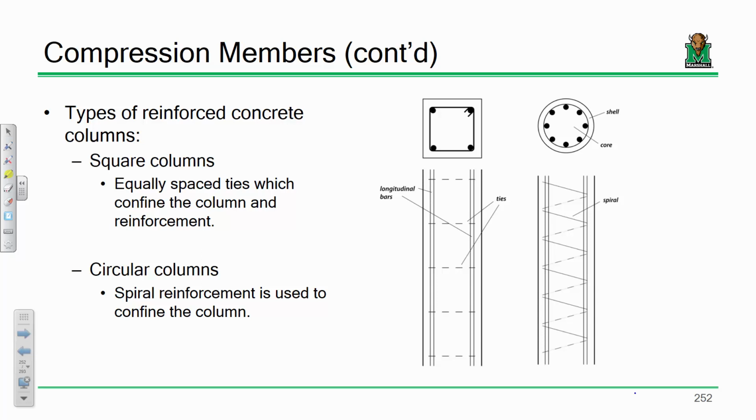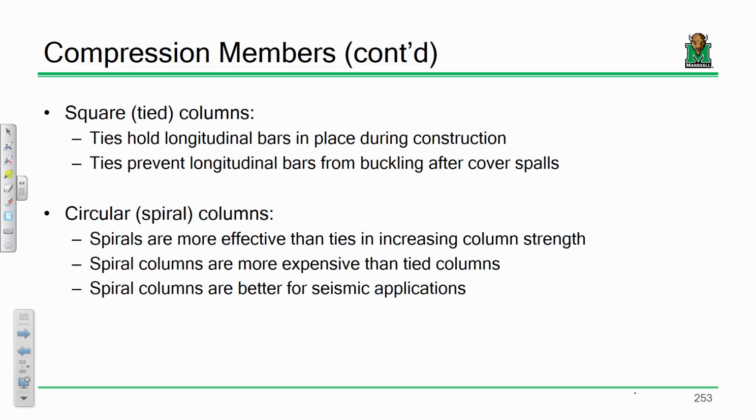The shape of the column doesn't matter as much as what's going on with this transverse reinforcement, because this transverse reinforcement is really what affects how the column behaves during failure. Now, what ends up happening is that circular columns are primarily reinforced spirally, and we use ties for square columns. But I just want to make sure that you're clear that what counts is the type of transverse reinforcement. You'll see why here in a second.